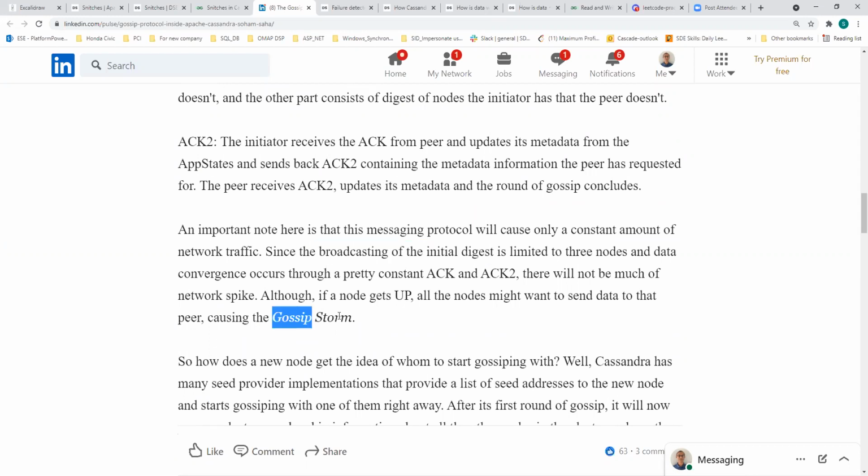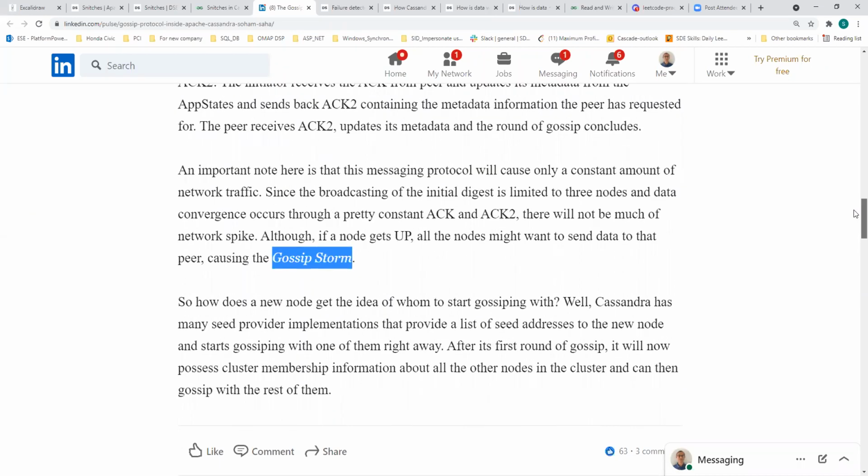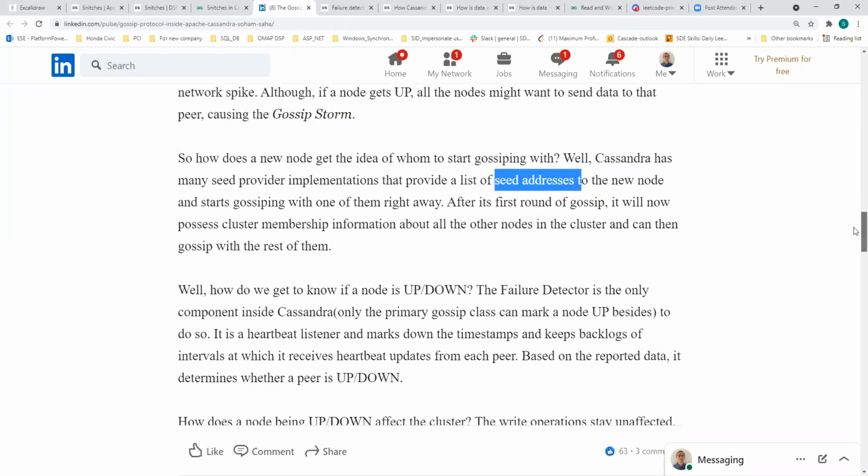When any node comes up, there will be a gossip storm, because every node wants to contact the new node. That is the reason we are using seed nodes. Any new node coming up will be given the seed addresses, and then it starts gossiping only with those seed nodes. So that is one way it is done.